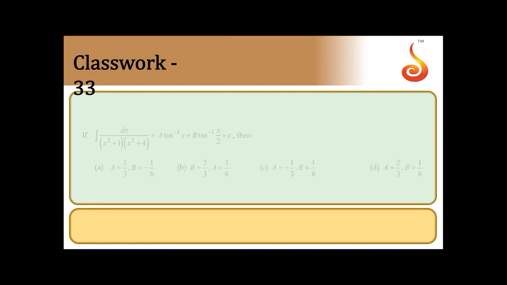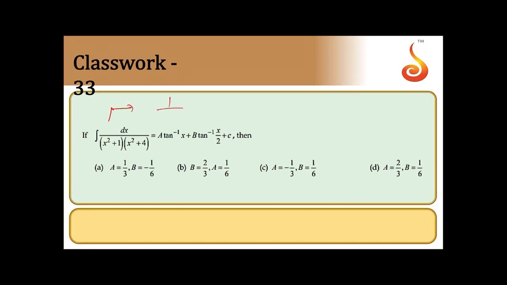Correct. Coming to the next one. Integral 1 by (x square plus 1) into (x square plus 4), partial fraction integral. This could be written as 1 by (1 plus x square) and 1 by (4 plus x square). When you take LCM, you'll be getting 3 divided by 3.